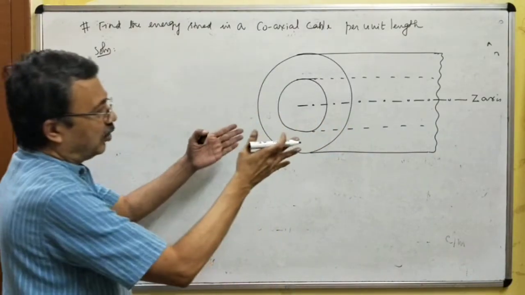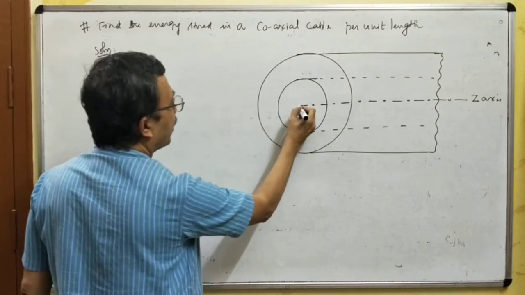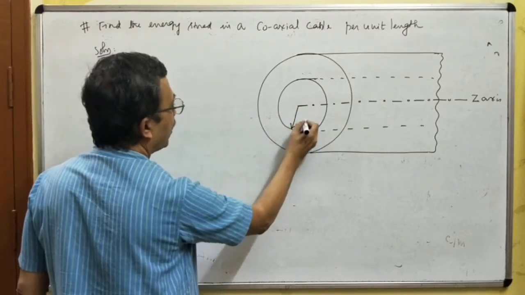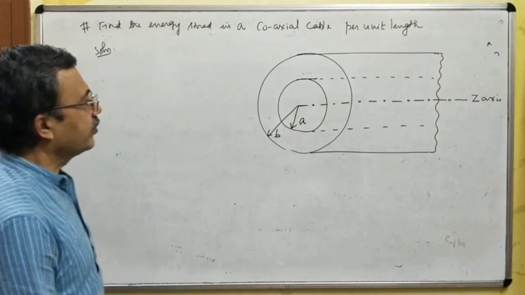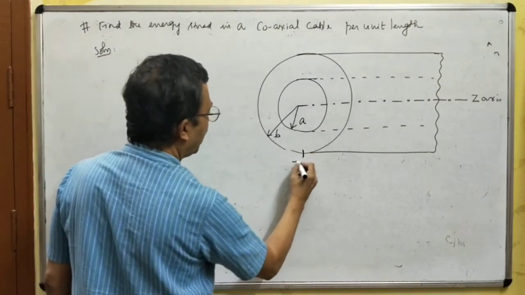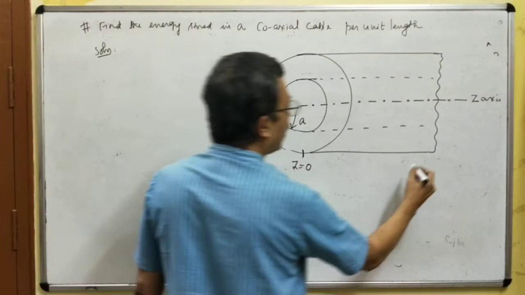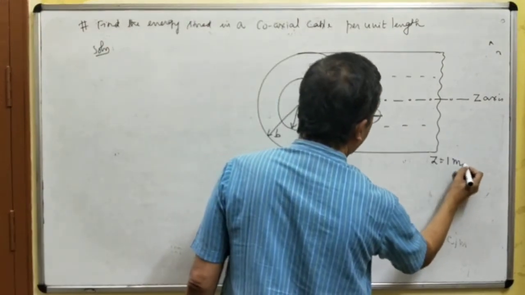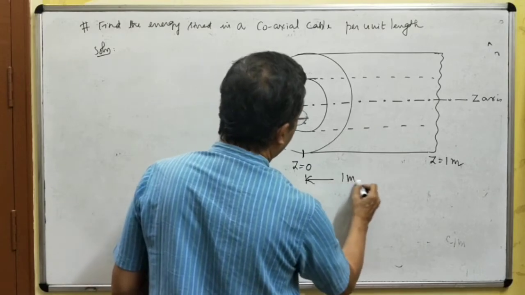There are two cylinders which have the same axis, which is z-axis. The inner cylinder has got a radius equal to A. Outer cylinder has got a radius equal to B. We have taken 1 meter length of the cable. Cable has got an infinite length. We have taken only 1 meter length. Therefore, Z varies from 0 to 1 meter. This is 1 meter length of the cable.